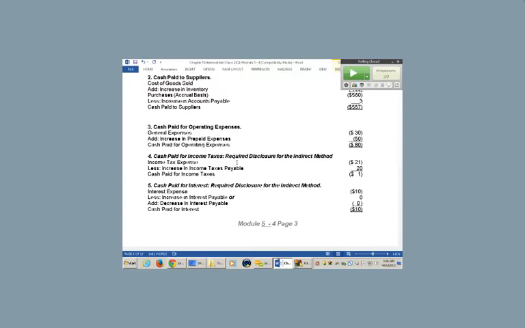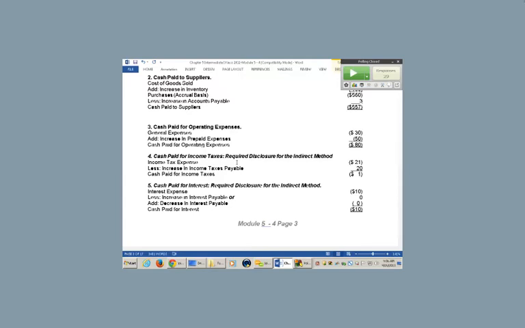All right. So you paid 80 for operating expenses. Incidentally, you notice that depreciation is not even considered. You don't even have to worry about it. It's just not going to show up here. Cash paid for taxes.